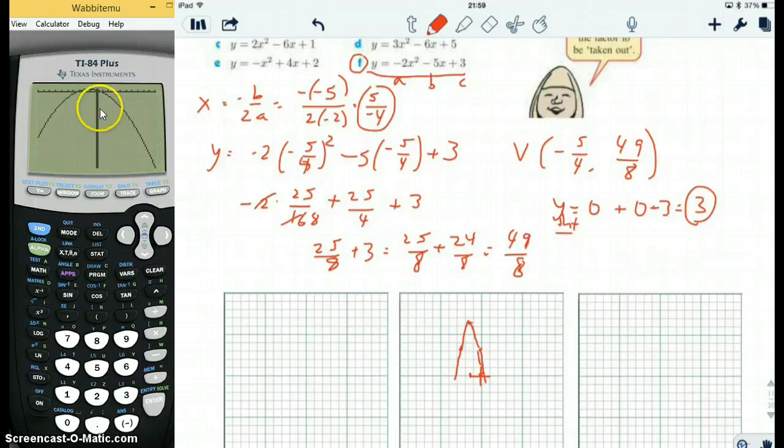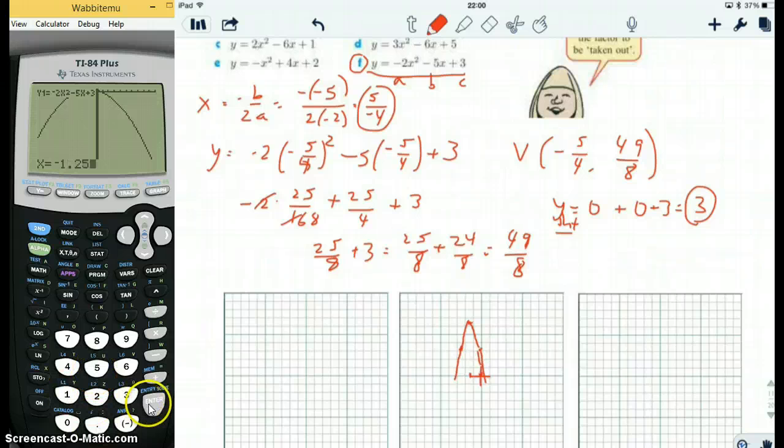Well, let's check our vertex here. We could do that with trace. Let me put in negative 5 fourths. Negative 5/4 is negative 1.25.